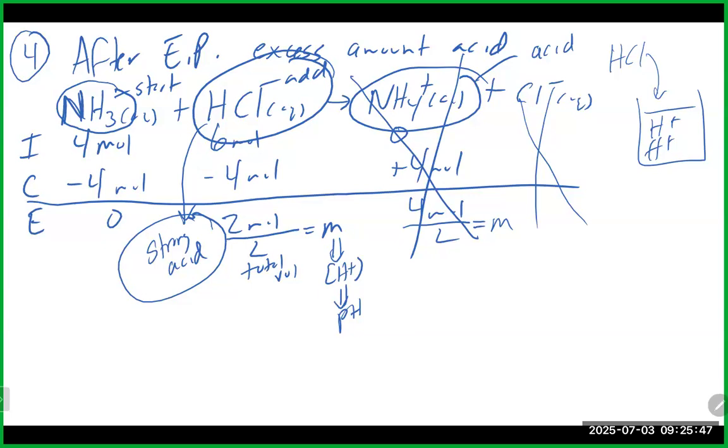So again, the purpose of the ice table here at this point in this titration is to really figure out how much of the strong acid you just dumped in there past your equivalence point. And again, because it's just going to completely break apart at that point, that is going to be the major contributor basically to H plus in that solution, and that will give you your pH.